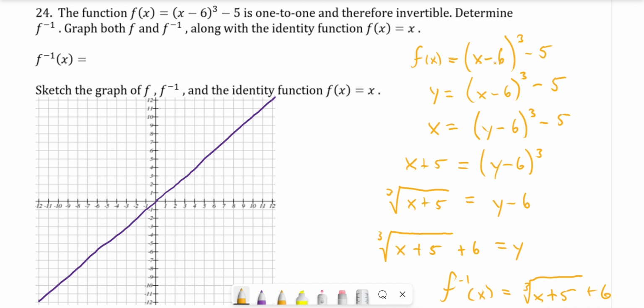We're going to want to go right by 6 units and down by 5 units, which brings what was at my origin here. Normally, if I plug in 1 into the cube, I get 1, but that's now also going to be right shifted by 6 and down shifted by 5. Or you could plug in points around this point, like plugging in 7 would give me a 1 here, which cubed is 1, and then downshifted would give me minus 4.